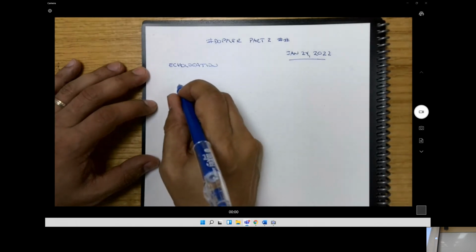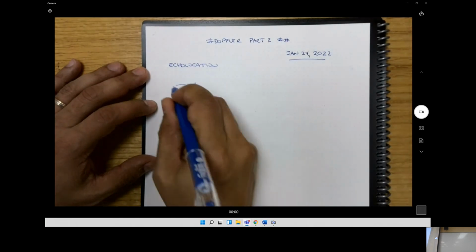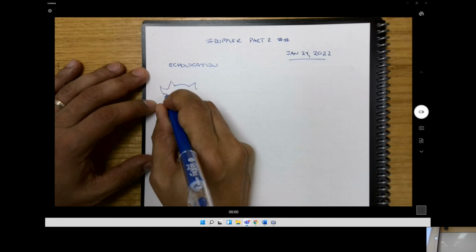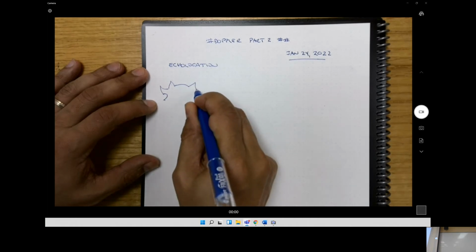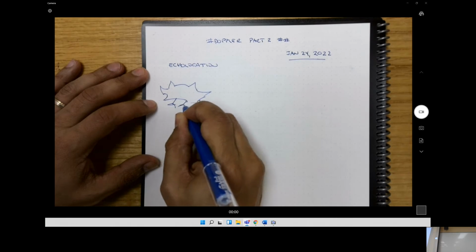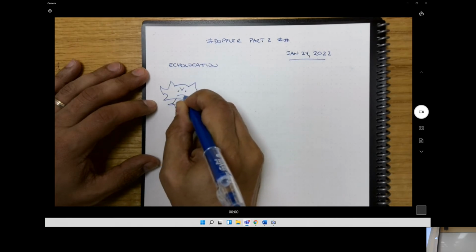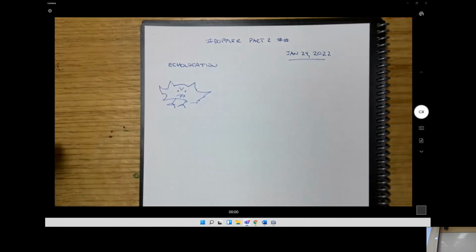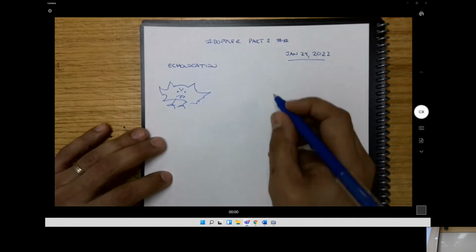And we have a source, in this case can be our bat, and he's chasing a moth.